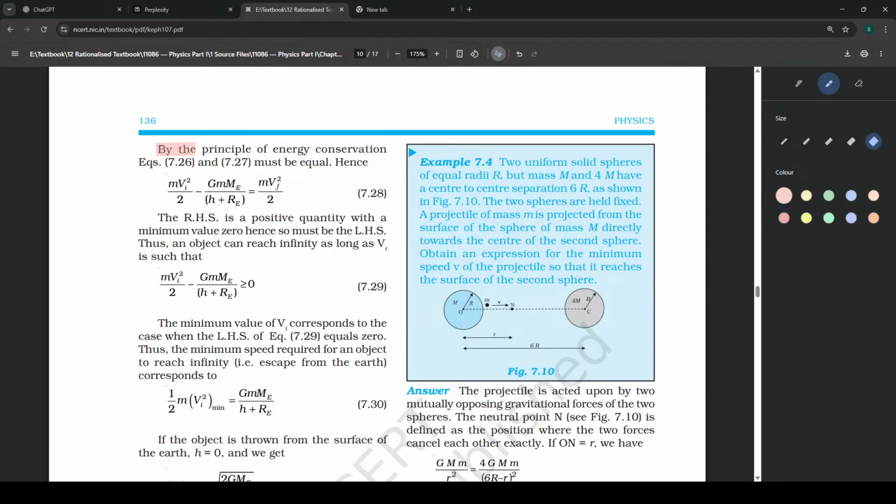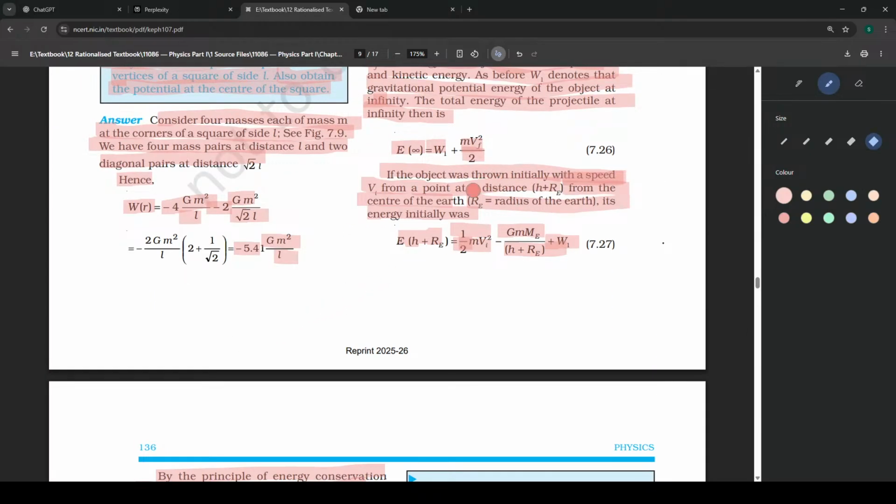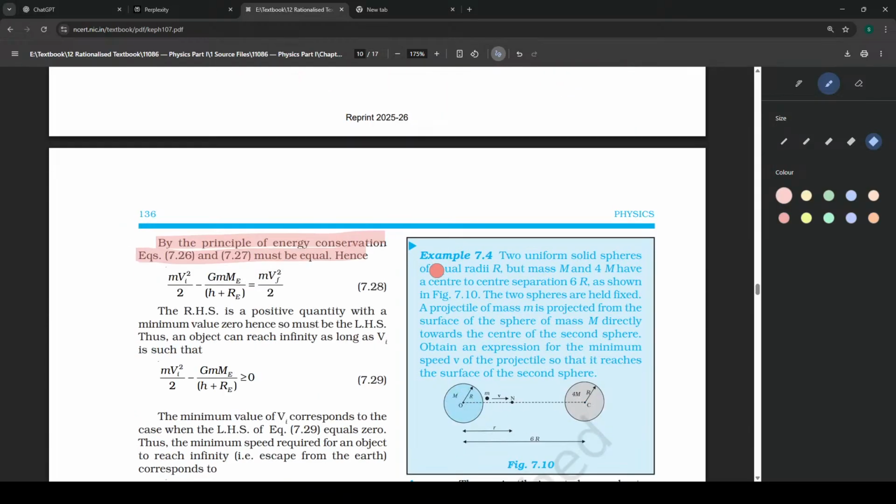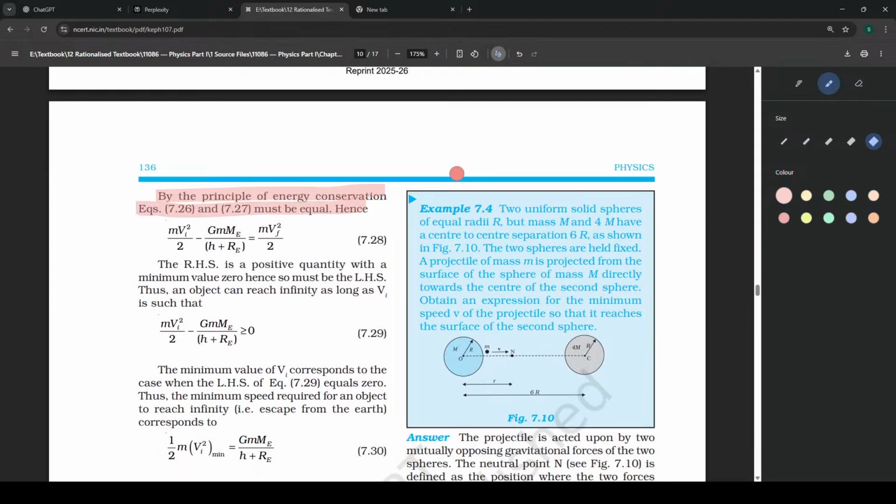By the principle of conservation of energy, this 7.26 must be equal to 7.27. Both should be equal at infinity as well as somewhere at the surface of the earth or some point above the surface of the earth.